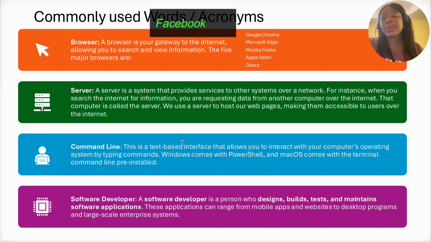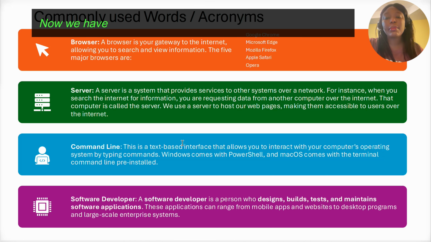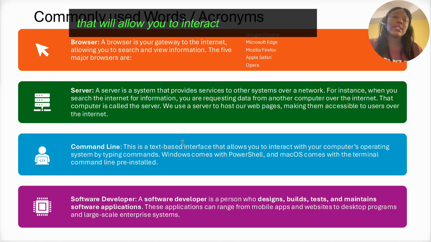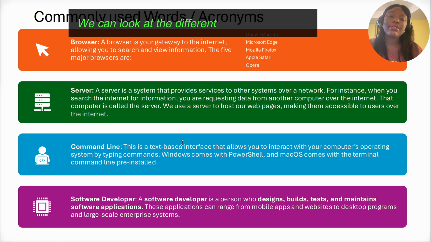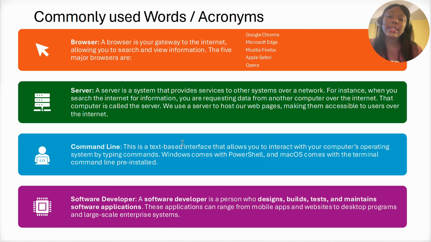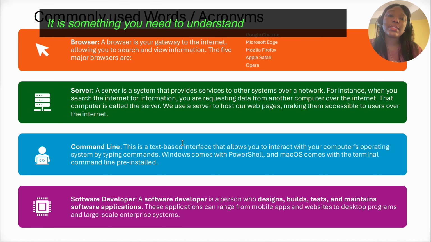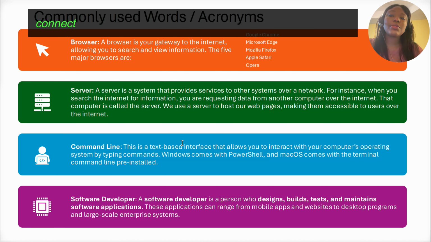Now we have a command line, which is a text-based interface that will allow you to interact with your system. You can look at the different file structures, the different directory structures you have. It is something you need to understand if you want to be a software engineer, because you configure systems and connect remotely to systems via your command line interface.